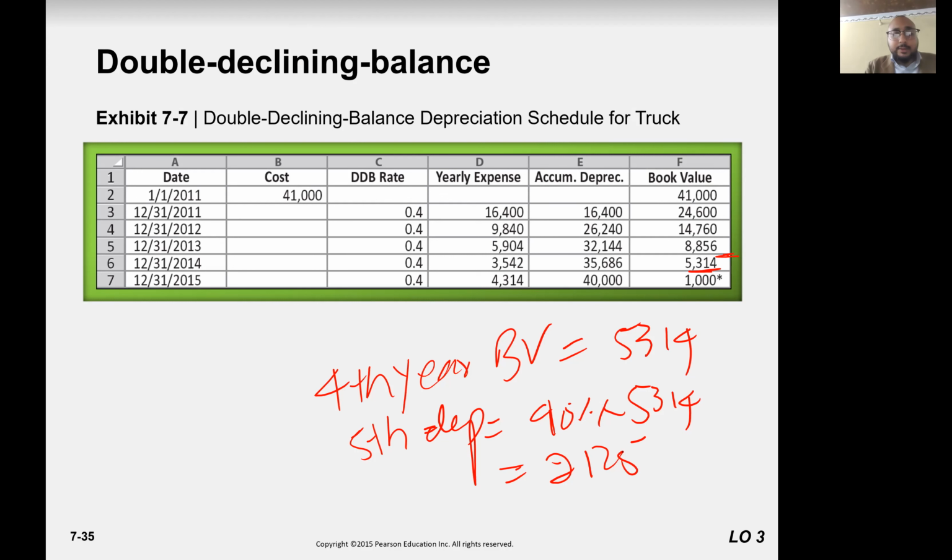If you subtract 2,125 from 5,314, your book value is going to be 3,189. But after 5 years, your book value must be equal to 1,000, not 3,189. So you just write down 1,000.